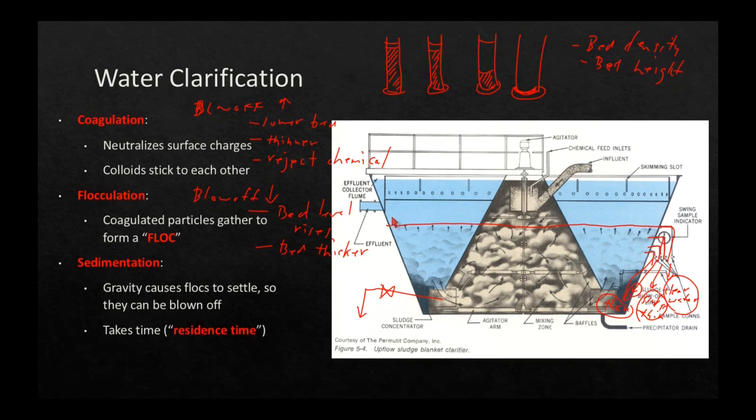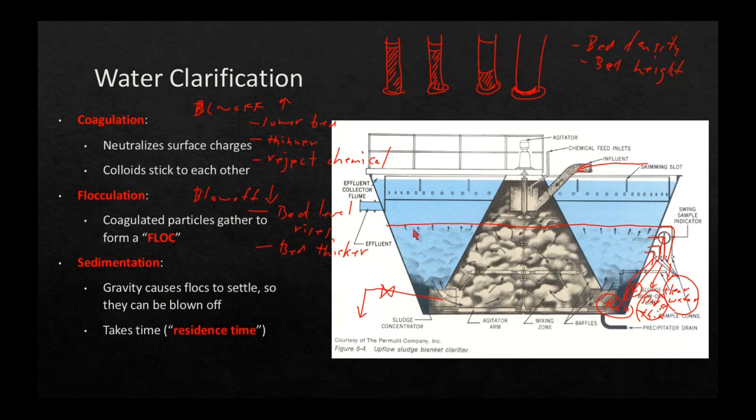Now, there's something else that we may want to do. So we find that the rate of influent is also going to adjust the bed density and the bed height. Under really steady state conditions, we've got a certain amount of makeup water coming in from the well or the river or whatever.